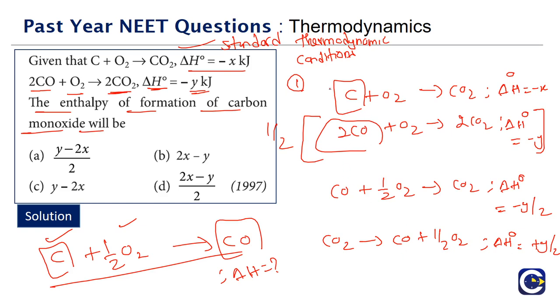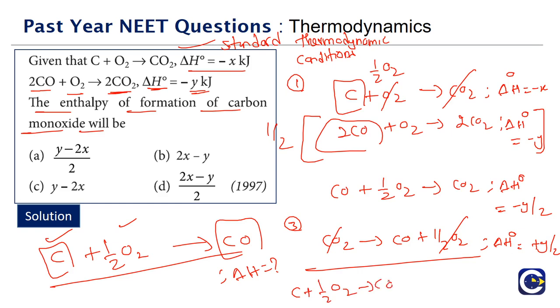Let us call this the third equation. First and third, if you add them, just think about it. CO2 is cancelled. From the O2, 1 mole of O2 will cancel half, which means we will be remaining with just half. Look at this: C plus half O2 gives rise to CO. We get the overall equation that represents the formation of carbon monoxide.